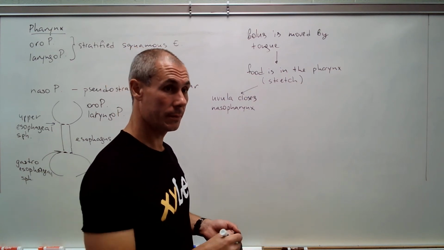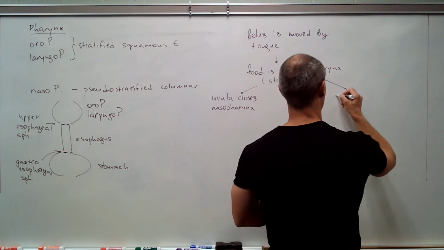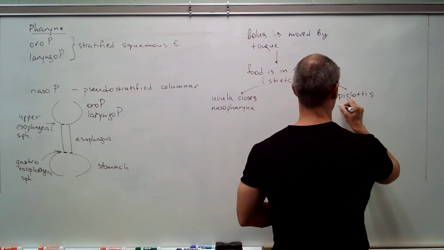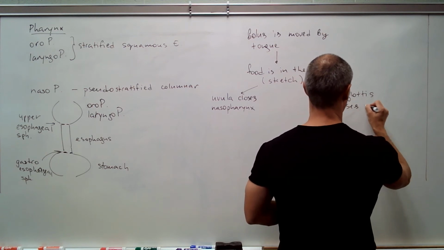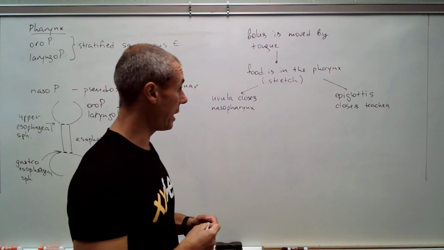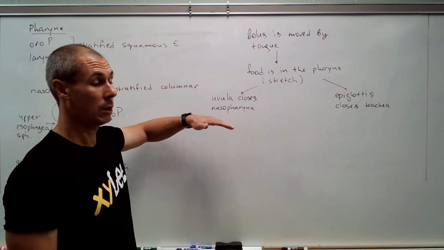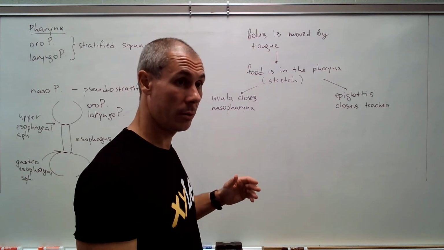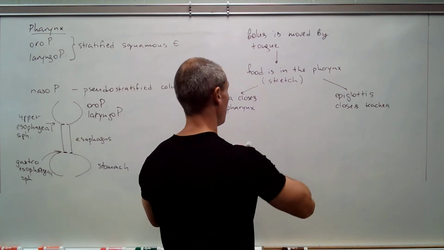Does that make sense? Epiglottis closes trachea. So now you have both parts of the respiratory cavity blocked from food, okay?